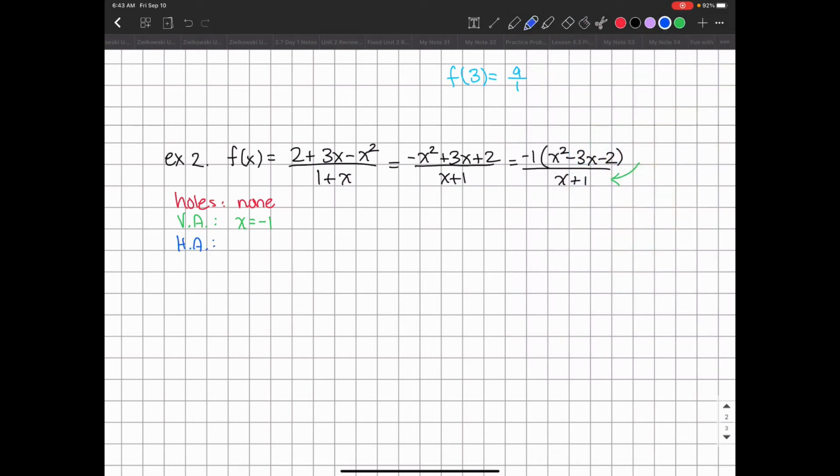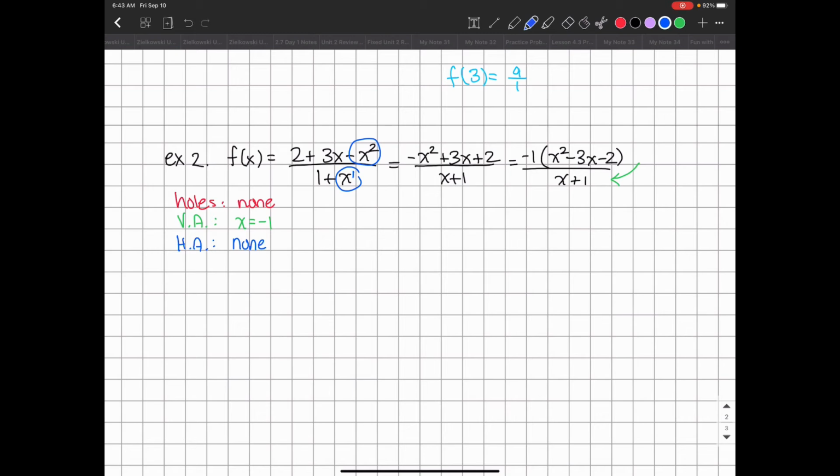So I'm comparing the highest power in the numerator and the highest power in the denominator. I have x squared and x to the first power. I have a higher power in the numerator than the denominator. This fraction is top heavy, which means that I do not have a horizontal asymptote. So there is none.